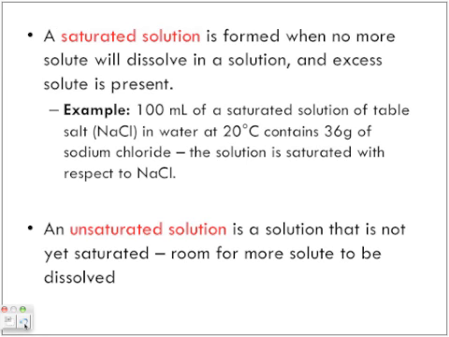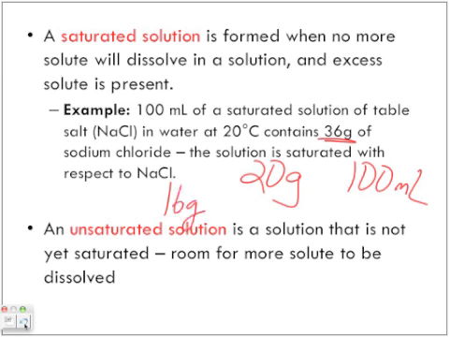Now, an unsaturated solution is a solution that is not yet saturated, which means there's room to add more solute so we can dissolve it. So if at 20 degrees Celsius we can dissolve 36 grams, I can dissolve, let's say, 20 grams at that same temperature in 100 milliliters of water, which means I still have room for another 16 grams to dissolve.